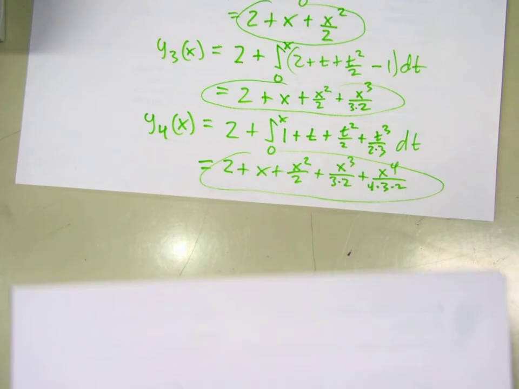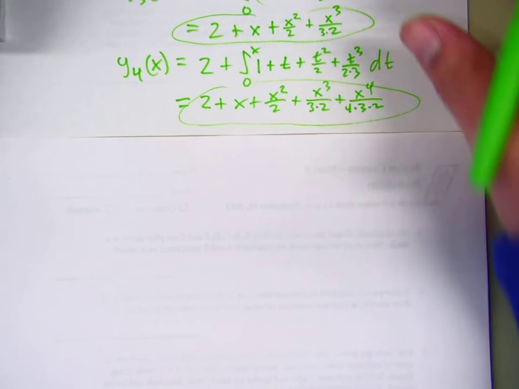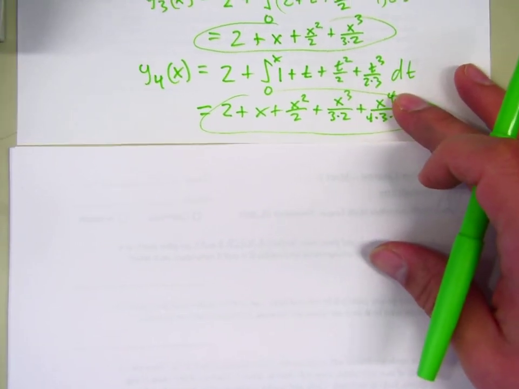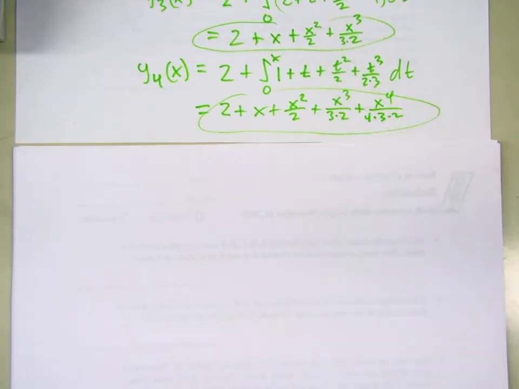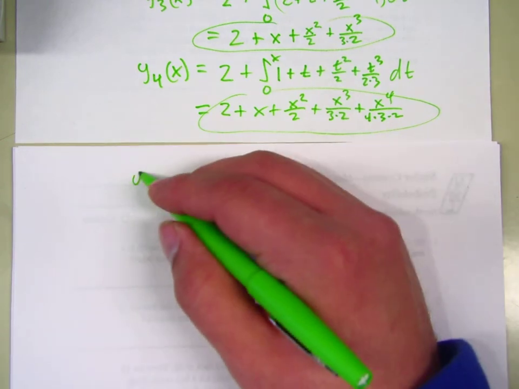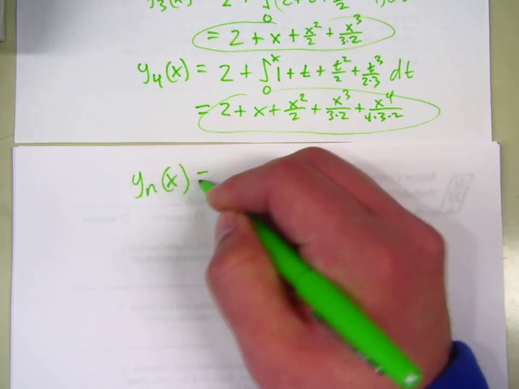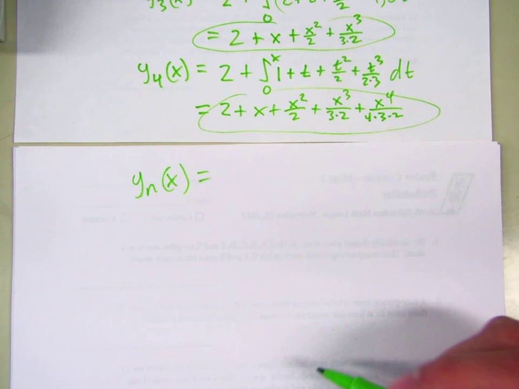Now, let's see. You don't have to do this per se, but if you do recognize it, it's kind of nice to see what the solution is going to be. Let's see if we can write the general formula. So we have y1, y2, y3, y4. What do you suppose y sub n is going to be if I keep doing this?